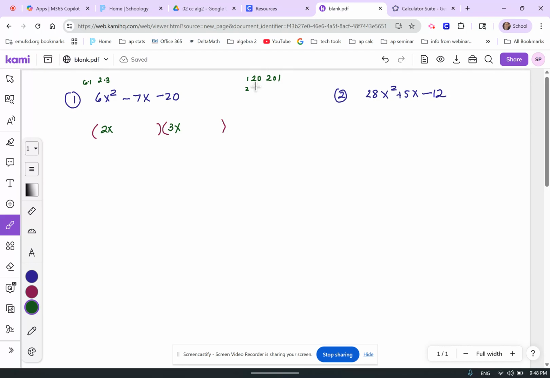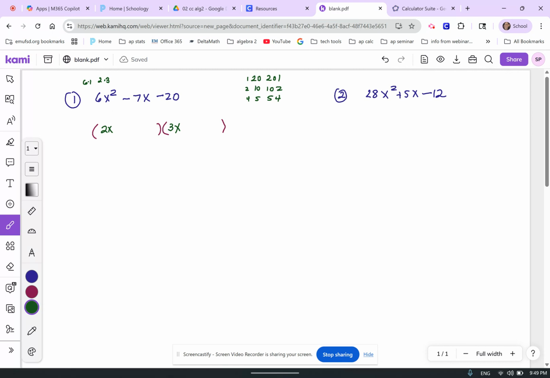You can do 2 and 10, or 10 and 2. You can do 4 and 5, or 5 and 4. And those are the only factors. Okay, so we have 1, 2, 3, 4, 5, 6 combinations, and that's with 2 and 3. There are actually a lot more if you take into account the possibilities of 6 and 1.